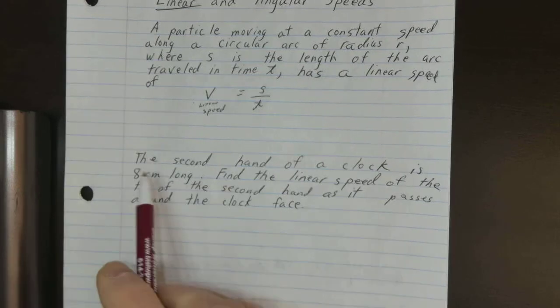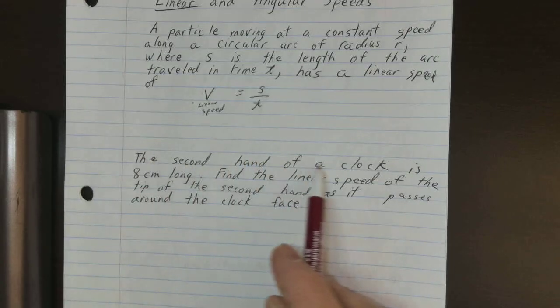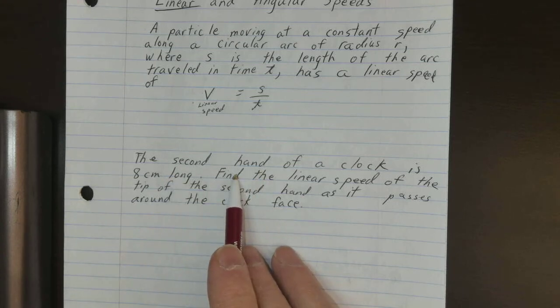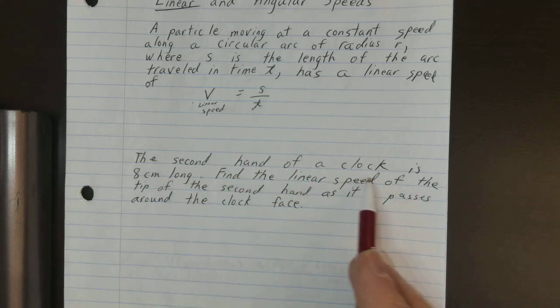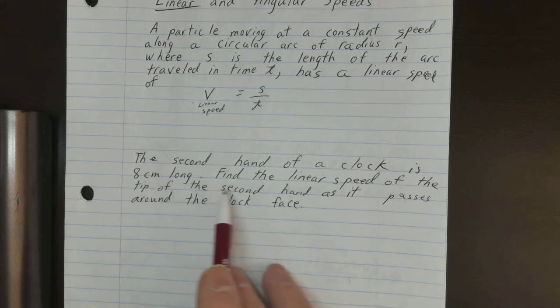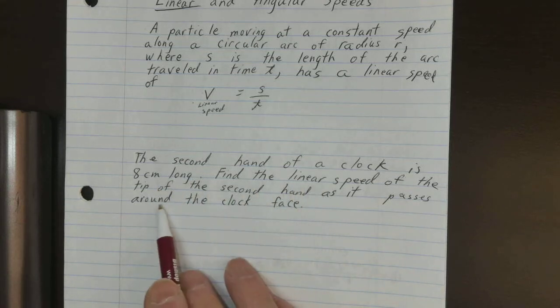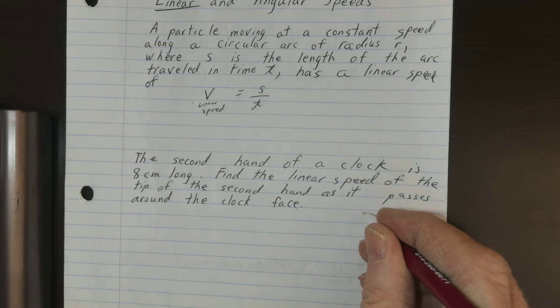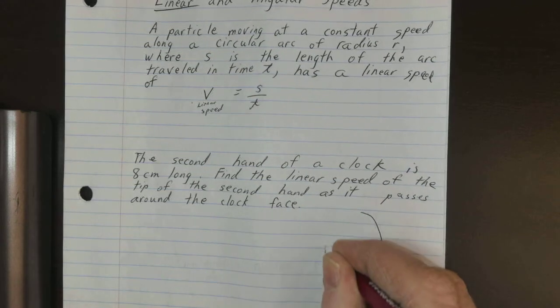Okay, let's use the clock here. A second hand of a clock is 8 centimeters long. Find the linear speed of the tip of the second hand as it passes around the clock face.